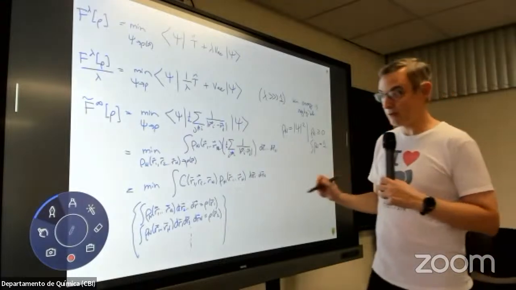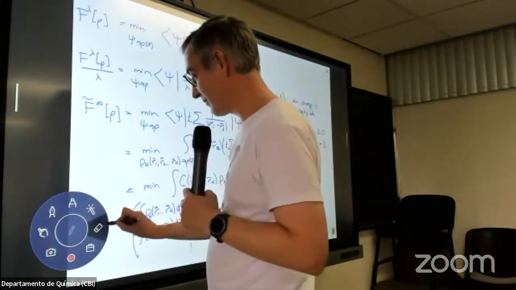So now we're going to go back and we're going to do this for density matrix functionals.